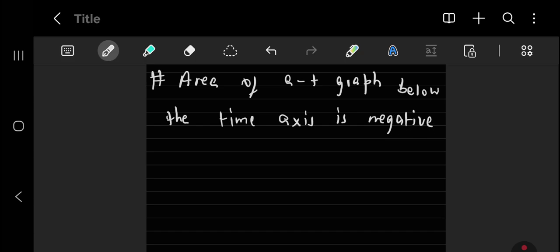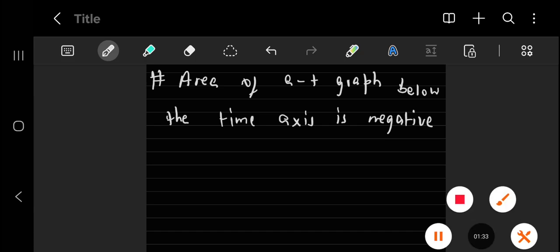So we're saying area of the acceleration graph below the time axis is negative.